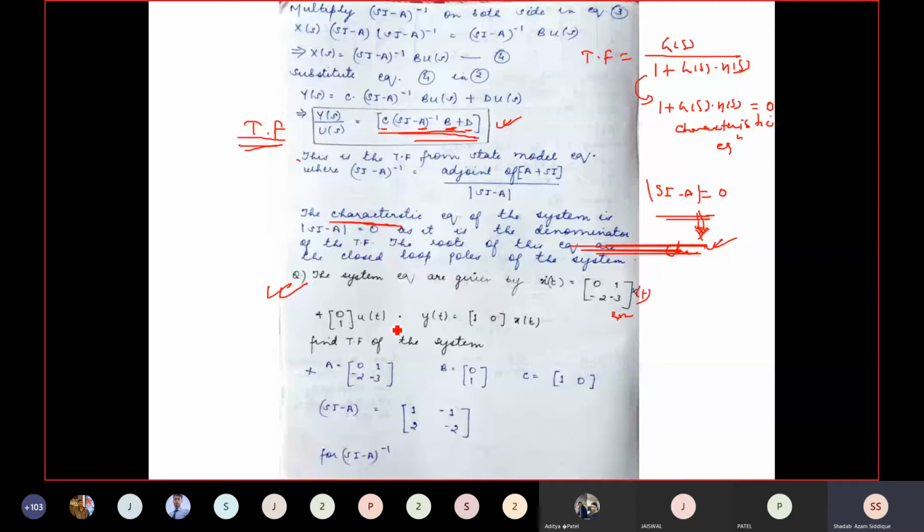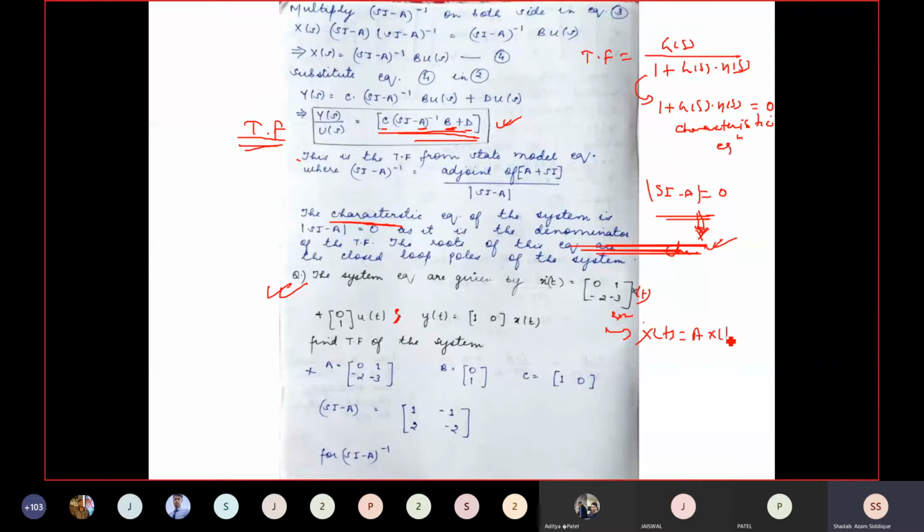So from this we can find that A is the matrix [0 1; -2 -3], and B is [0 1].